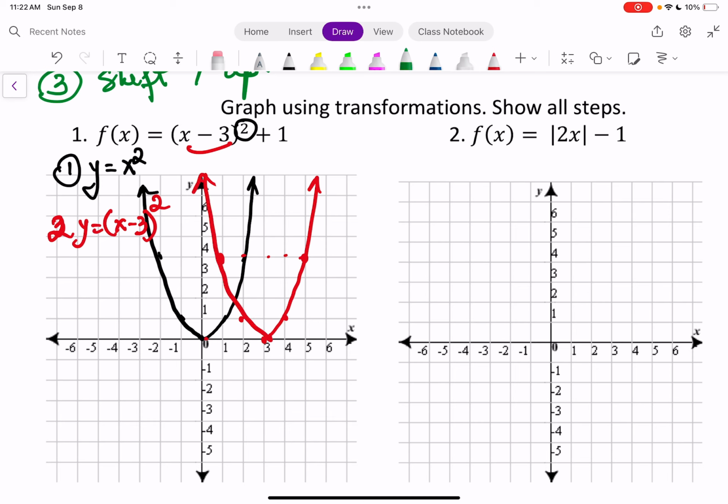And because of the plus 1, then you further move this whole graph 1 unit up. And this is our answer in the end.